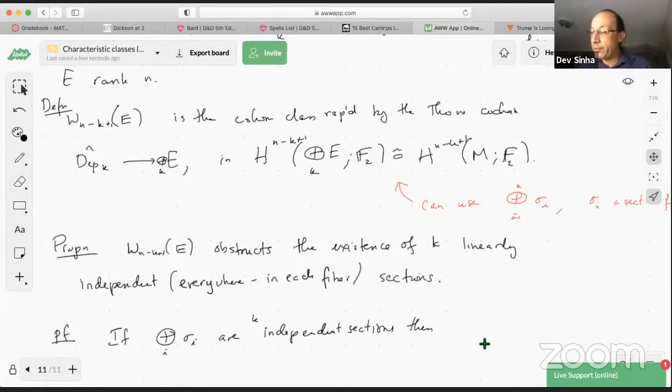Let's realize that this map factors through dep k, and so its image is exactly dep k.